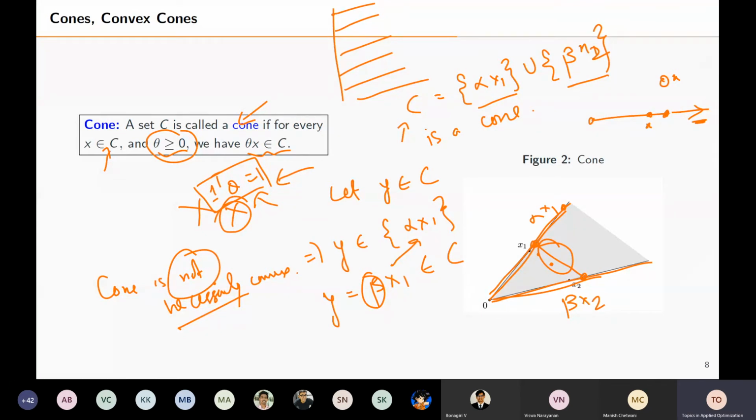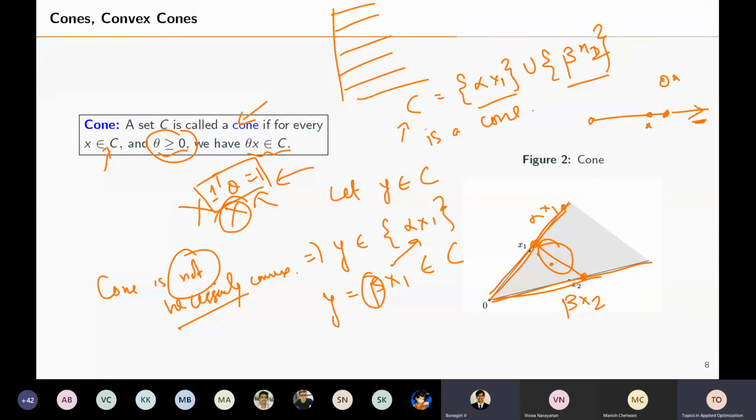Is it necessary that a cone must have an origin? Not necessary, sir, because if we consider a line, it doesn't have any origin. Yes, so you think a cone does not have an origin, but see the definition.